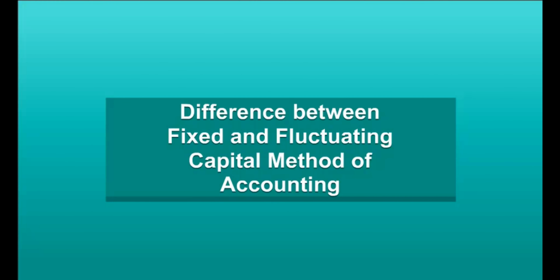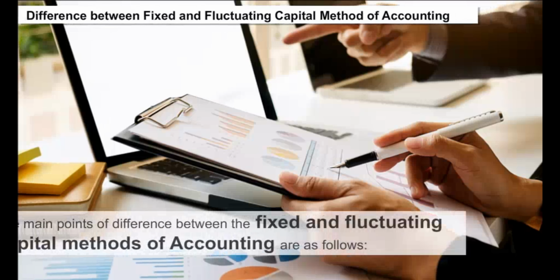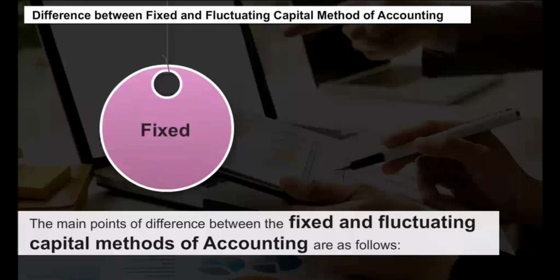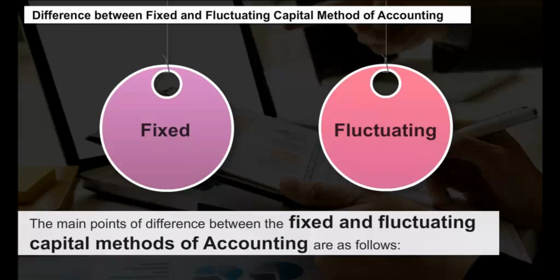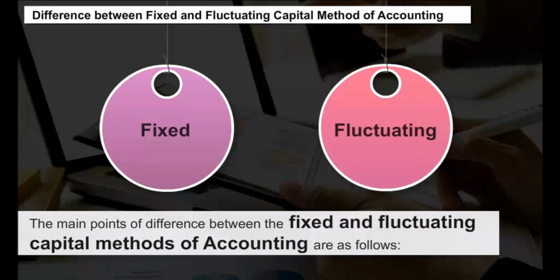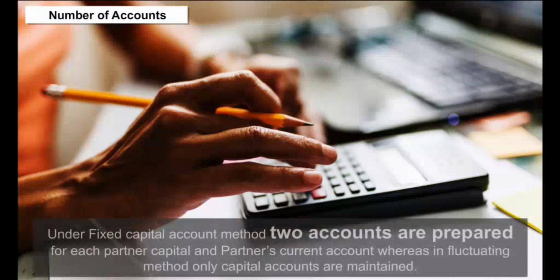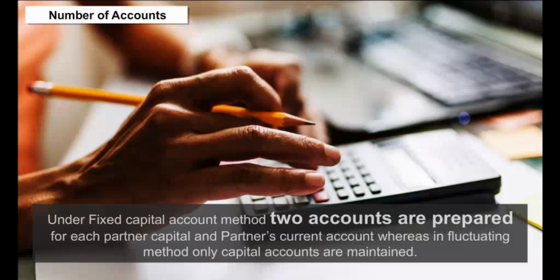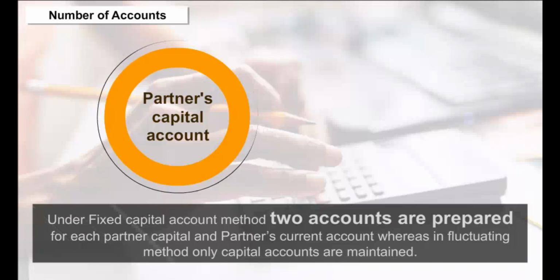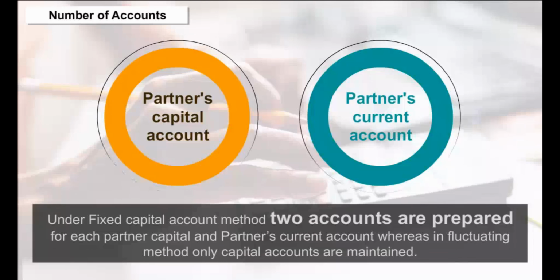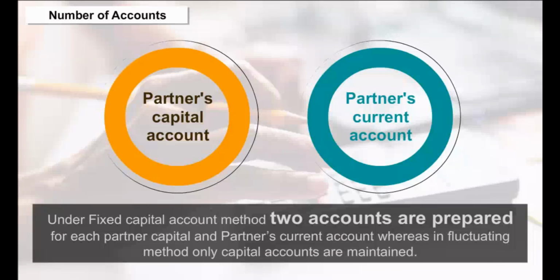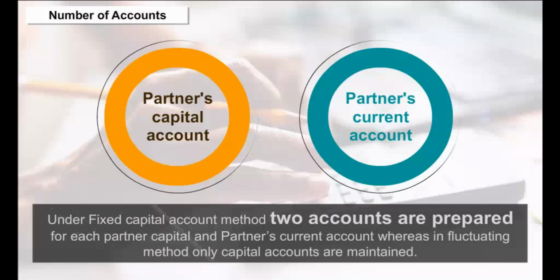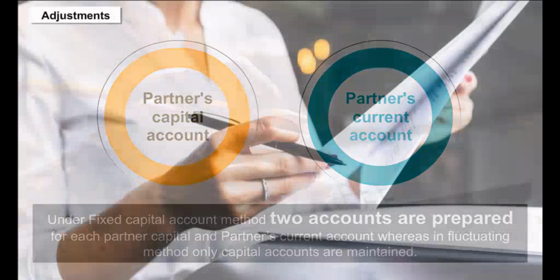Difference between fixed and fluctuating capital method of accounting. The main points of difference between the fixed and the fluctuating methods of accounting are as follows. Number of accounts. Under fixed capital method, two accounts are prepared for each partner, capital and current account, whereas in fluctuating method, only capital accounts are maintained.